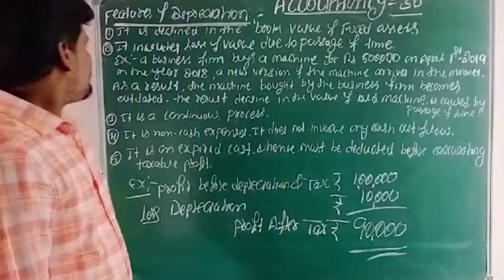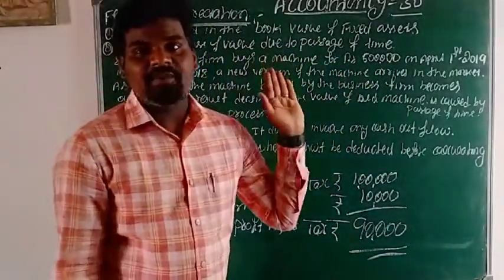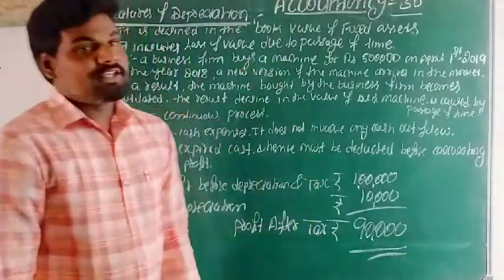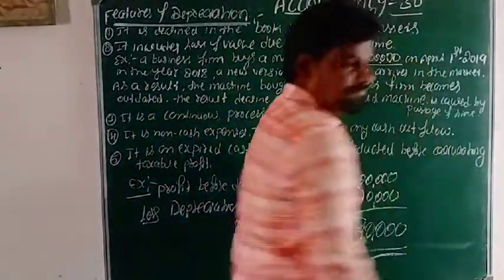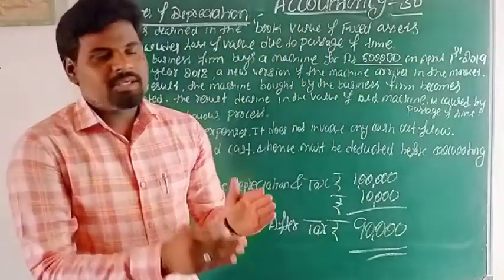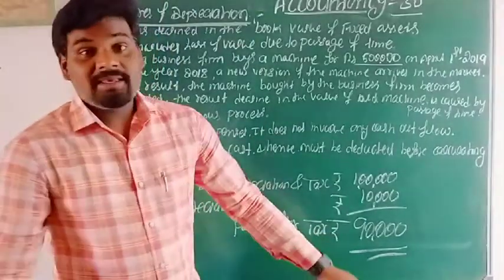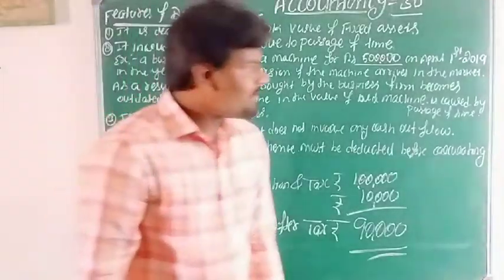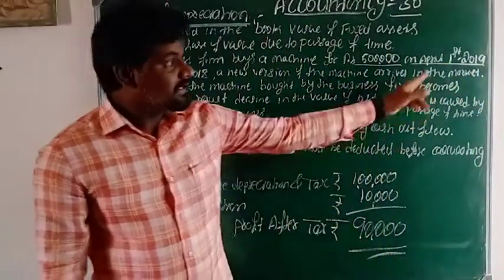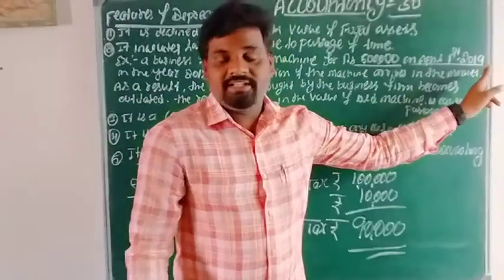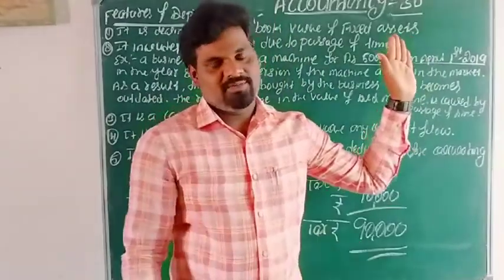For example, a business firm buys a machine for 5 lakh rupees on April 1st, 2019, the beginning of the assessment year.